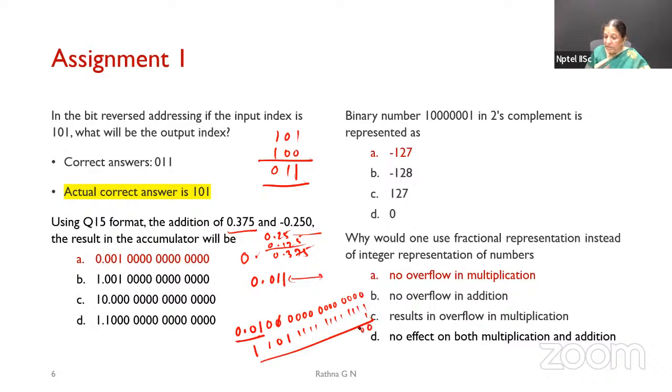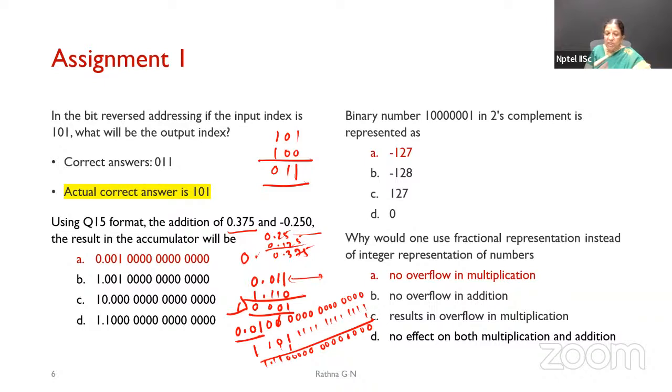When I add 1 to it, with 4 zeros, 1 plus 1 is 0, 1 plus 1 is 0, and so on, and the final carry is going to be discarded. This is the value, which is 0.001 and then all zeros.